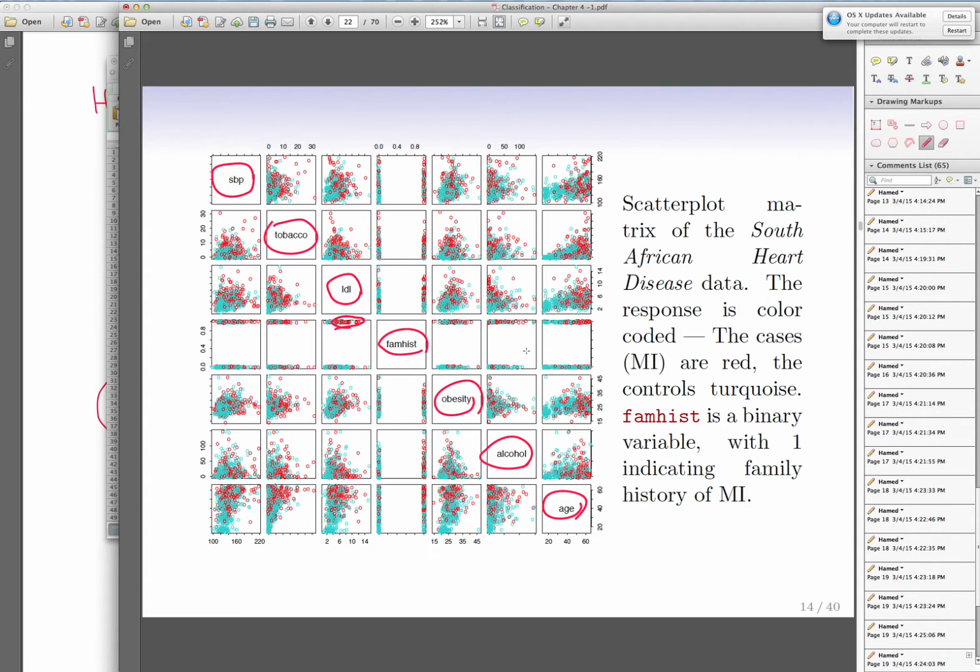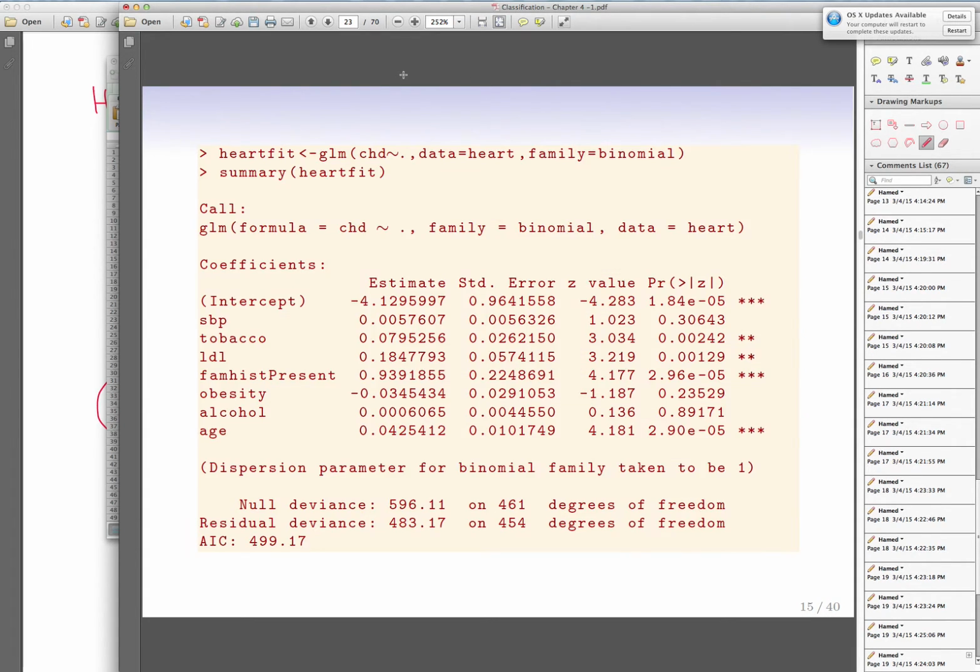So let's look at the mathematical representation of what we see here. We just run a logistic regression on the probability of heart attack on all the variables we have, SBP, tobacco, LDL, and so on. And here are the estimates we have. Let's look at the p-values. Here we have a 30% p-value, so this variable is more likely nonsense.